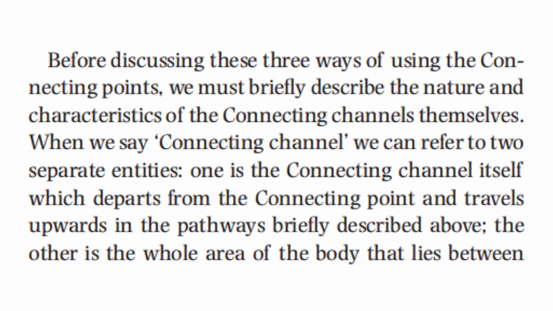Before discussing these 3 ways of using the connecting points, we must briefly describe the nature and characteristics of the connecting channels themselves. When we say connecting channel, we can refer to 2 separate entities. One is the connecting channel itself, which departs from the connecting point and travels upwards in the pathways briefly described above.